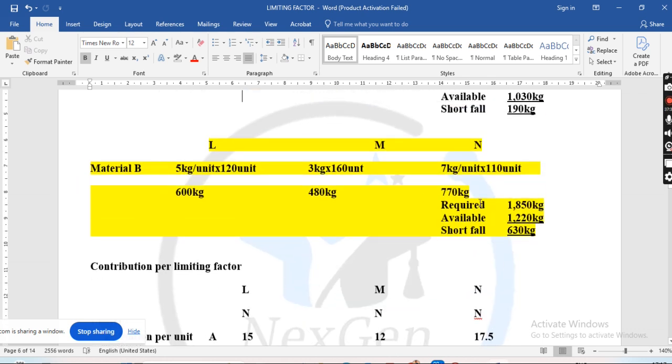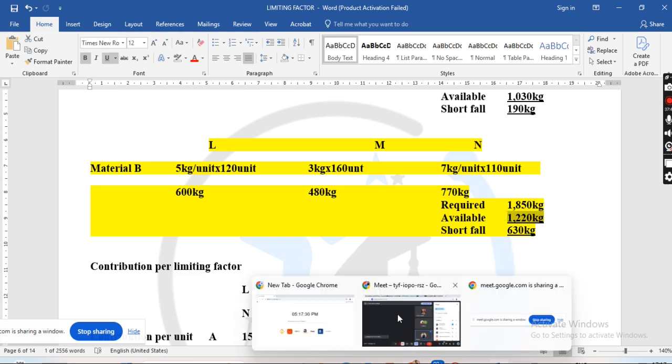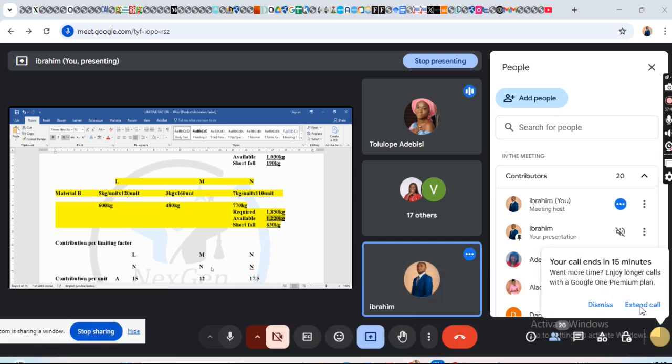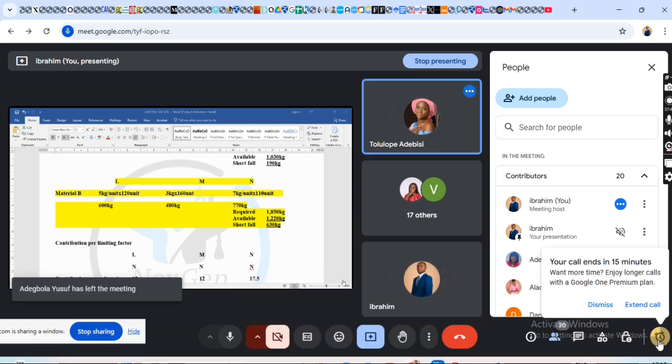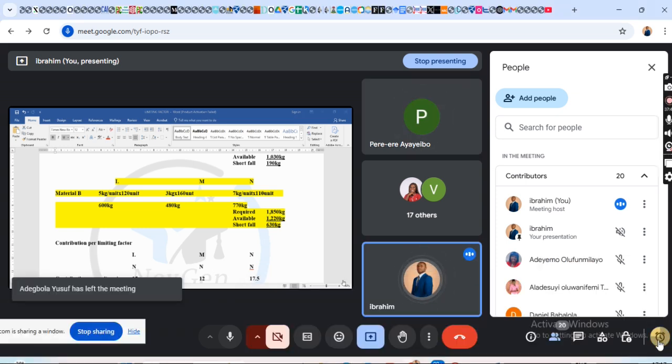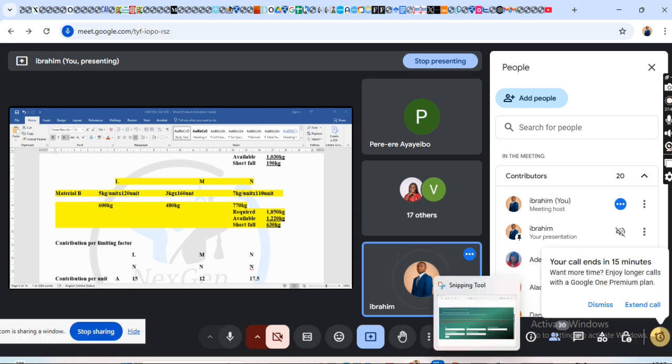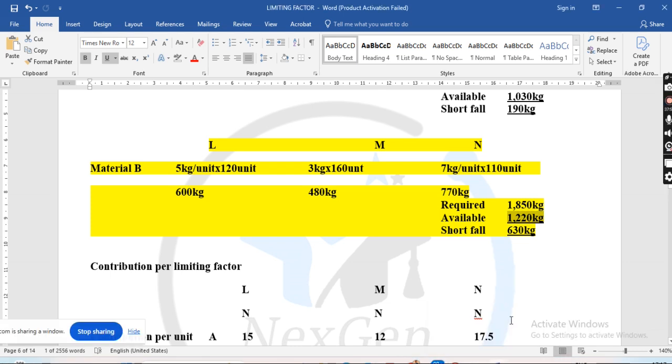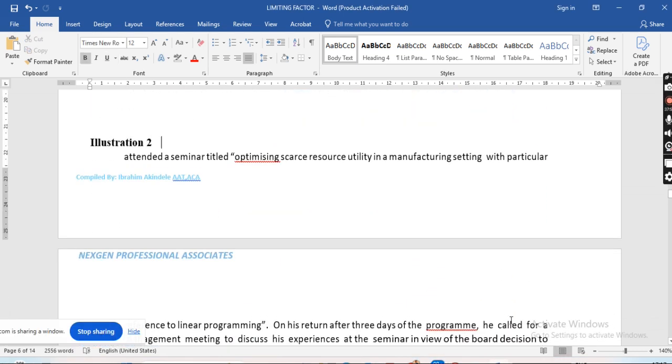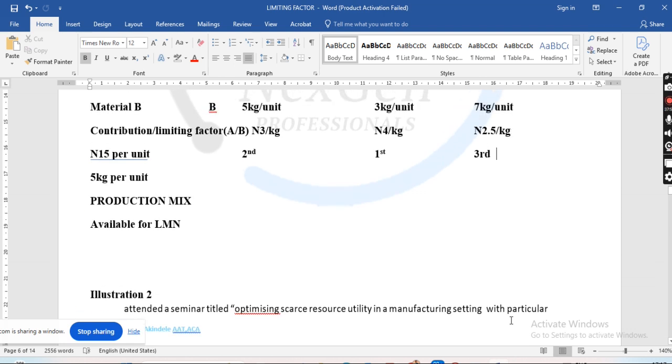For material, available is 1220 kg, right? 1220 kg.